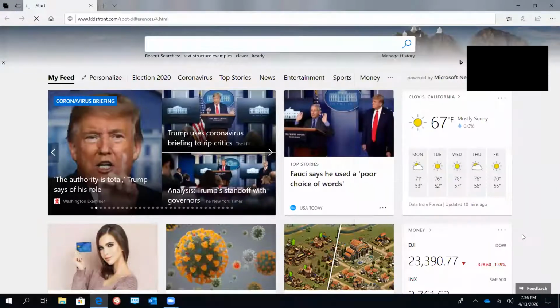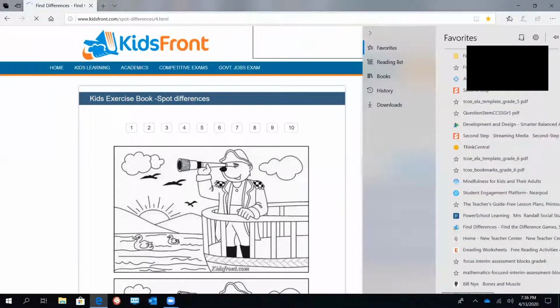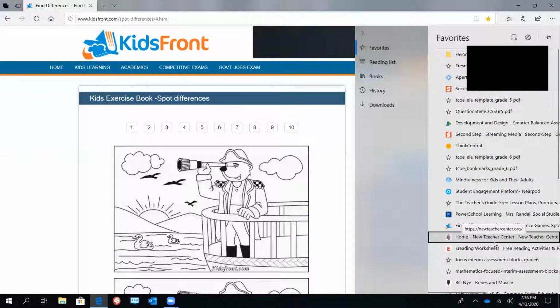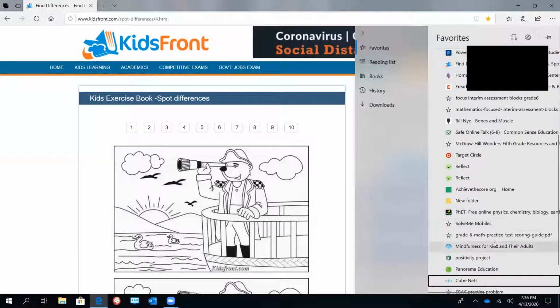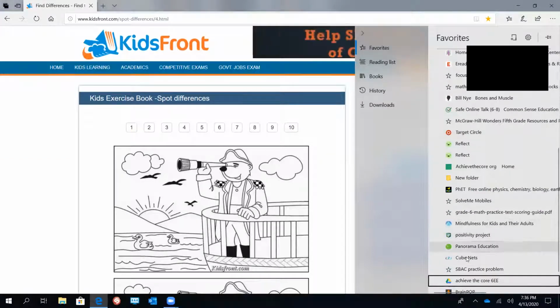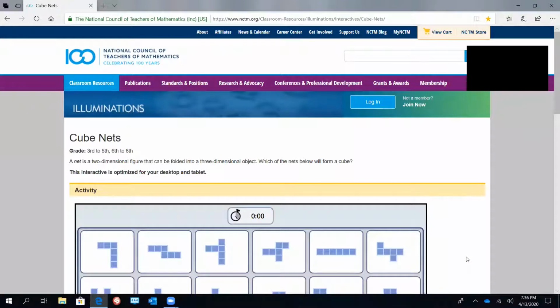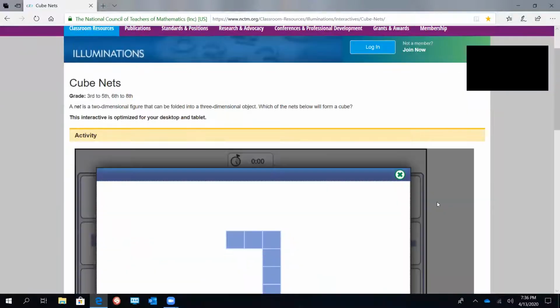We'll pull it up real quick on my side. Material nets. So you should be able to find this link. It's nctm.org, right? It's under resources in your lesson. So you can click on these and you can try it out.